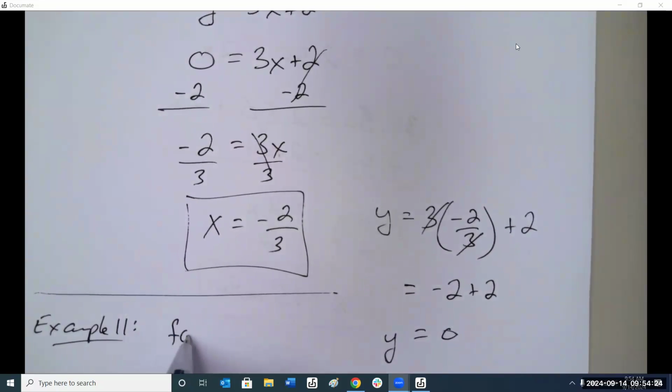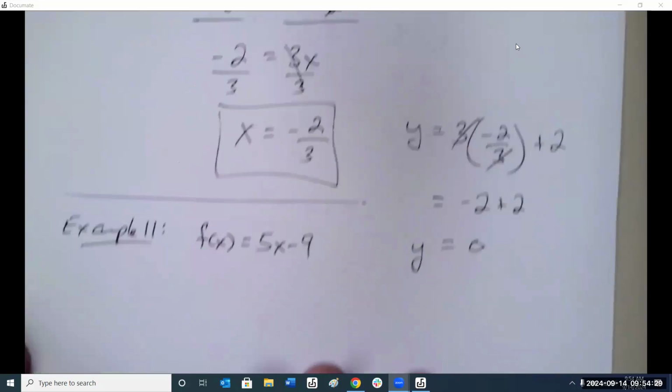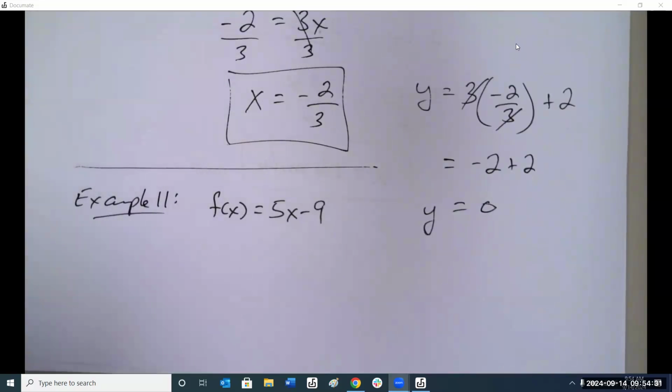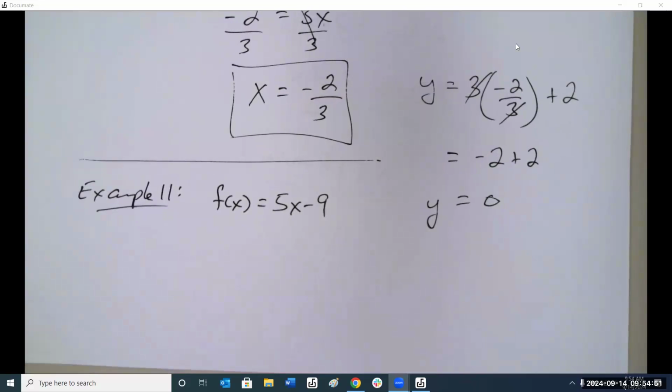Example 11. f of x equals 5x minus 9. Find the 0. What do you do first?